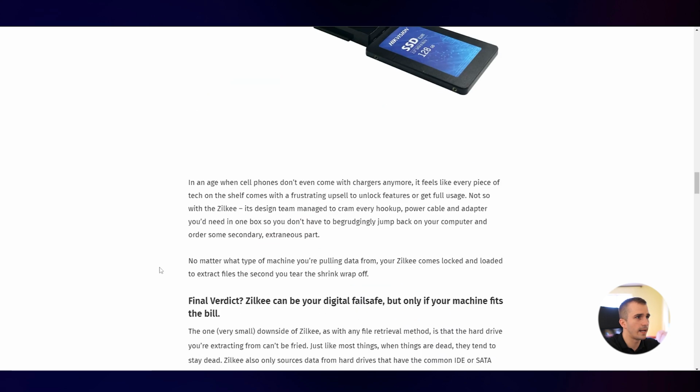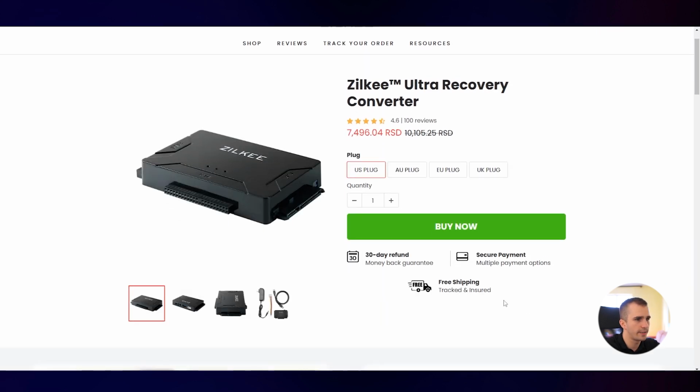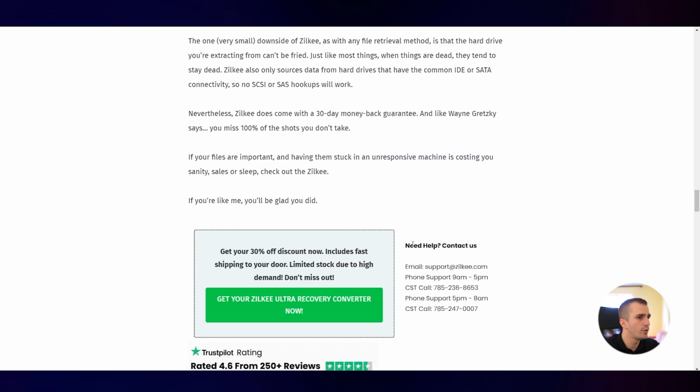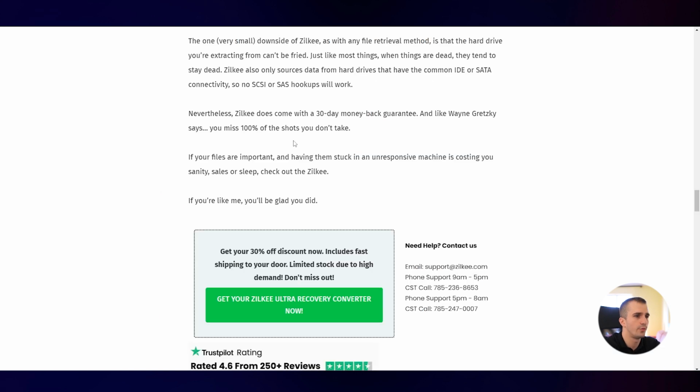Then the next thing, and I think this is a huge one, I saw that on your product page, you have the CTA anchors, which are these ones: 30-day refund, secure payments, and free shipping, which is awesome. And I don't know why you don't anchor this CTA with these trust seals, because these are a great thing, like 30-day refund and free shipping. These two reduce the friction for a lot of your customers when buying your product.